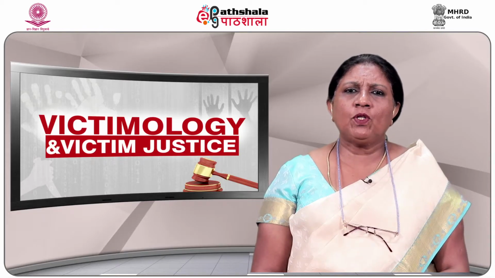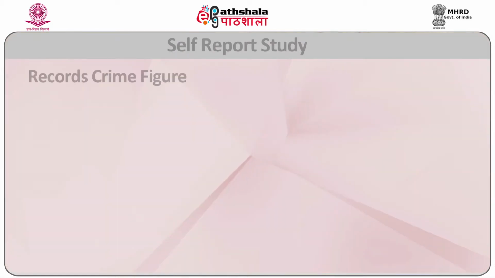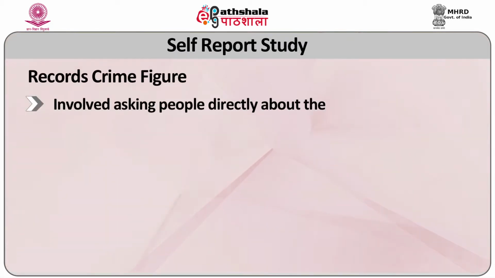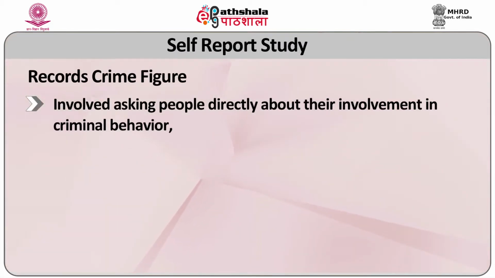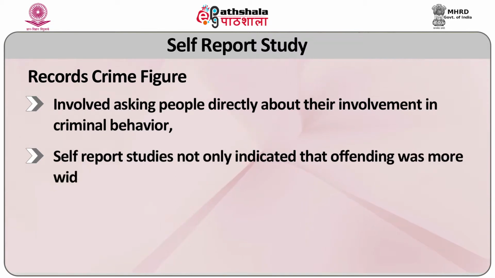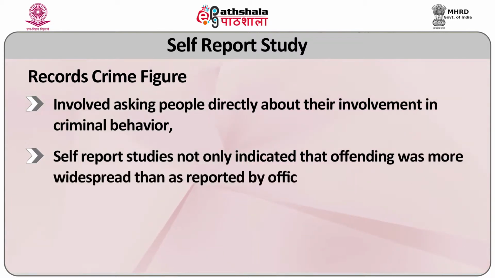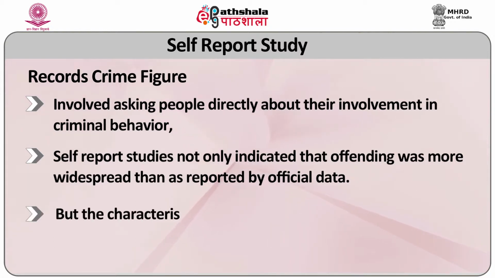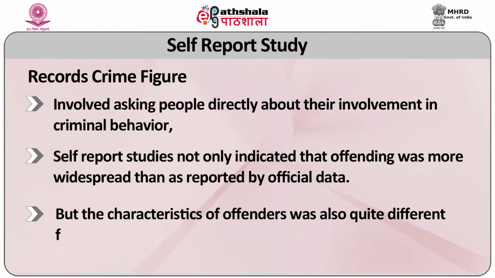What the self-report study did was it involved asking people directly about their involvement in criminal behavior. Self-report studies not only indicated that offending was more widespread than as reported by the official data, but the characteristics of offenders were also quite different from the traditional view.